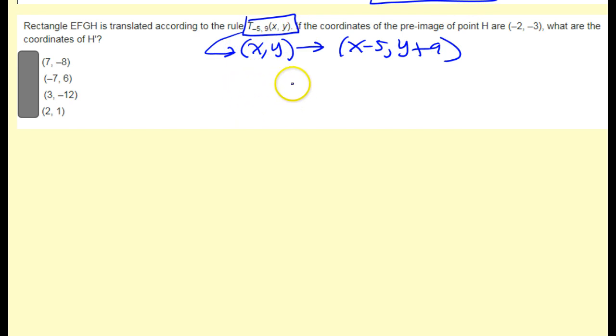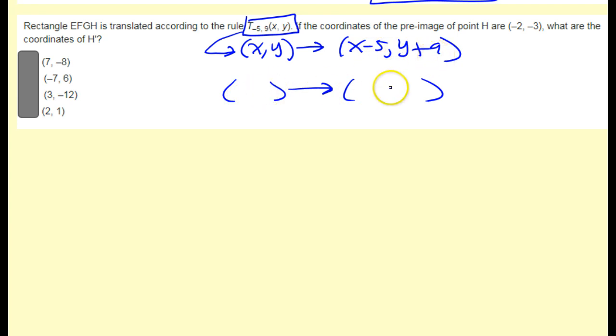Anyway, again, be careful. Are they giving us the pre-image or the image? Are they giving us the before point or the after? If they give us the original point, we're just going to subtract 5 and add 9. If they're giving us the result, then we're going to work backwards by adding 5 and subtracting 9.